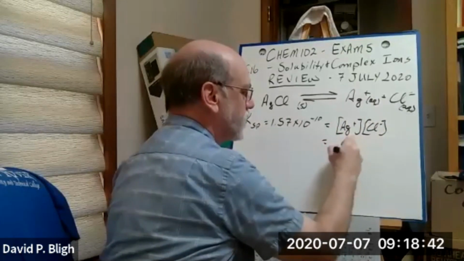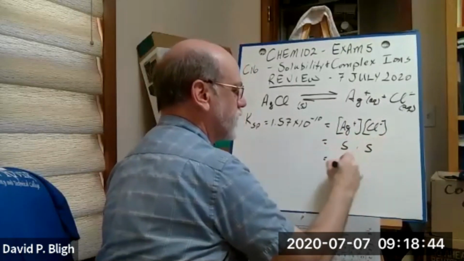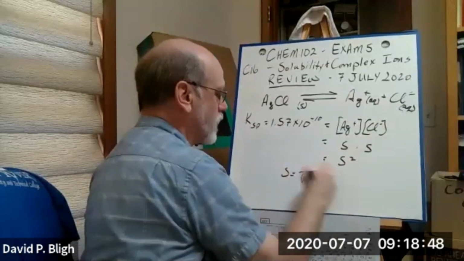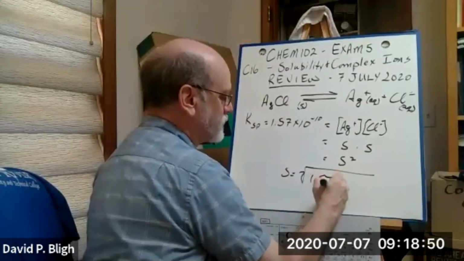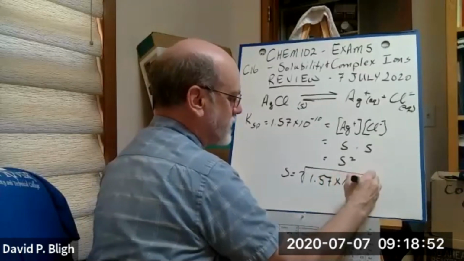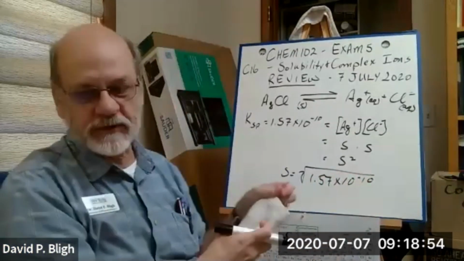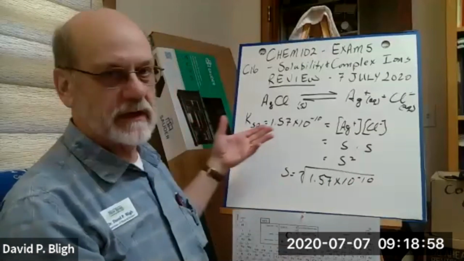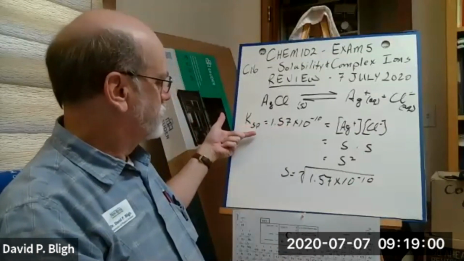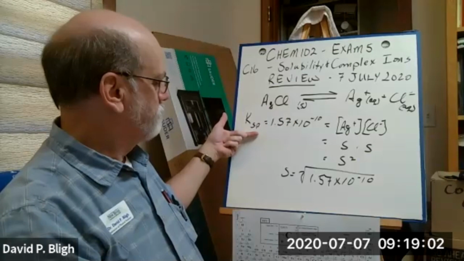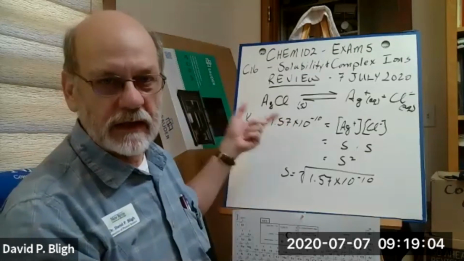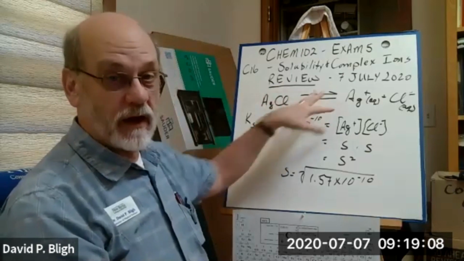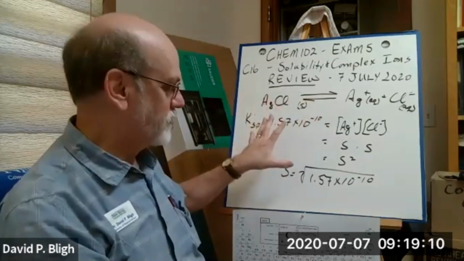So that would be S times S, which would be S squared, which is equal to this. And then we would just say S is the square root of 1.57 times 10 to the minus 10, whatever that happens to be. So that would give you the molar solubility of silver chloride in water.